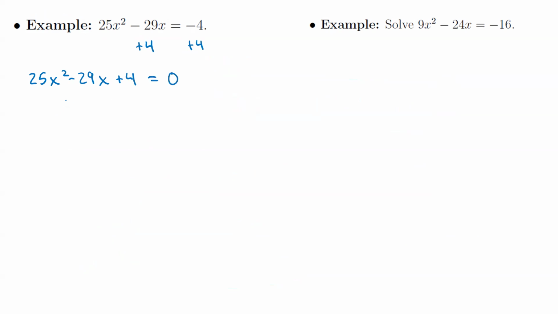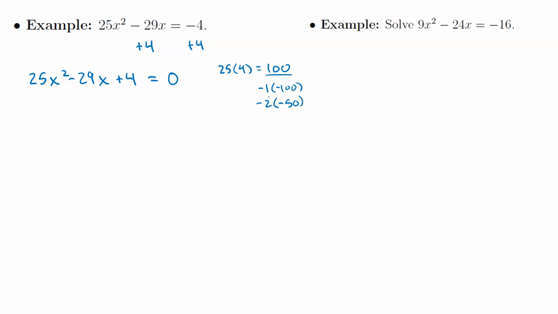This might be a good one to remind ourselves of the AC method since the numbers are kind of big, right? So 25 times 4 is 100. And because this is a negative middle term, it's going to be -1 times -100 as a possibility, -2 times -50.